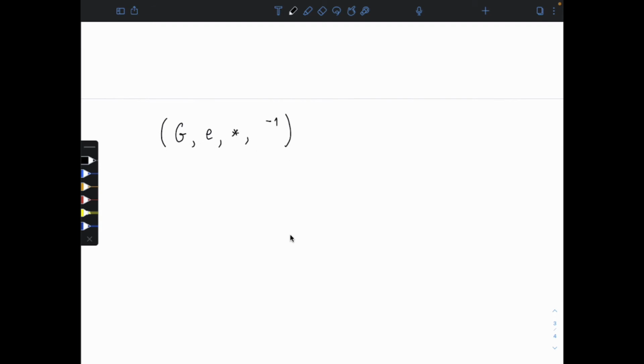But then they're not going to say the third component of a group. They're going to say, we call this the unit. We call this the carrier. They'll give names to these things. This is multiplication or operation.